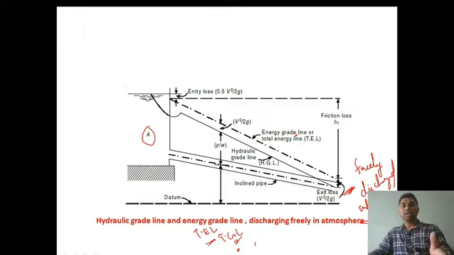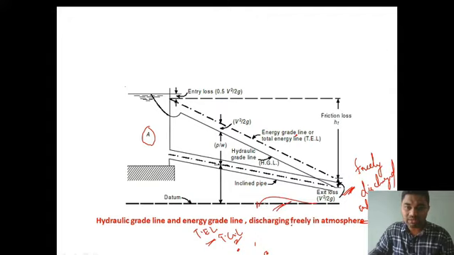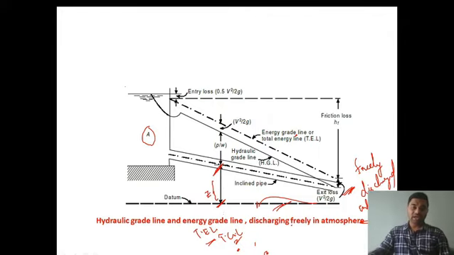So, how do the energy grade line and hydraulic grade line vary here? As you can see, there is an arbitrary reference datum, an inclined plane. The distance from this arbitrary plane to the center axis is nothing but our Z value.